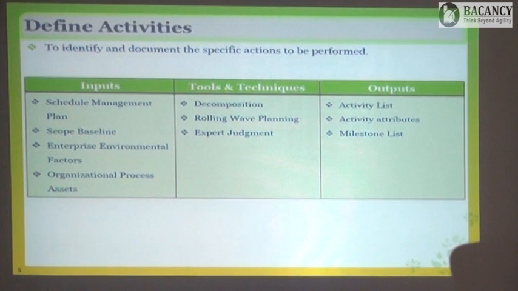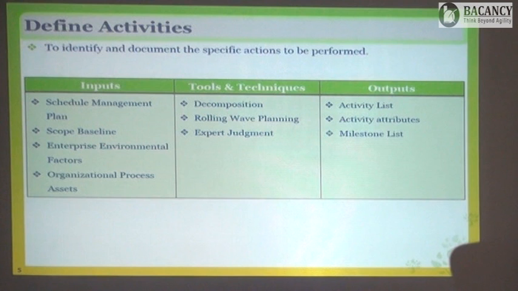Correct. So remember that while translating our requirement to scope, there was one tool and technique. What was that? Remember that? Alternative generation. We will not decide at this time, but we will keep that information handy.